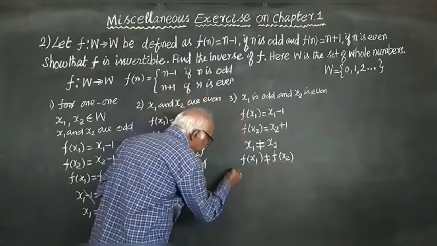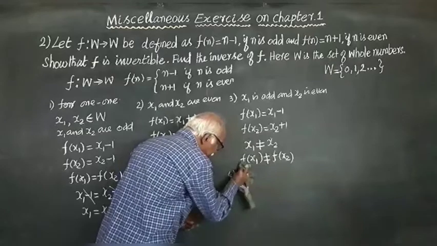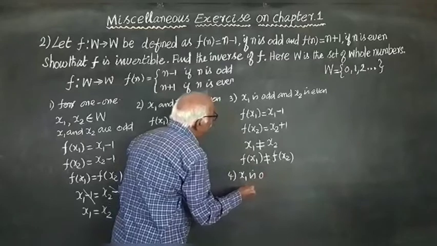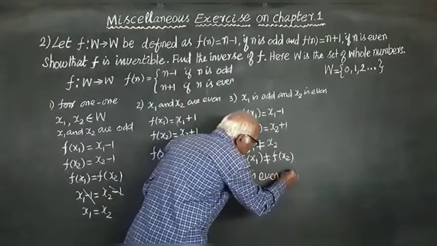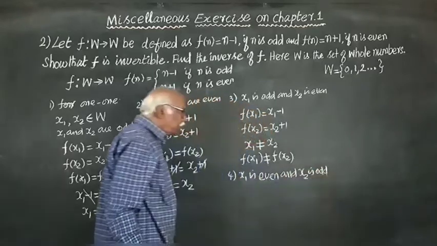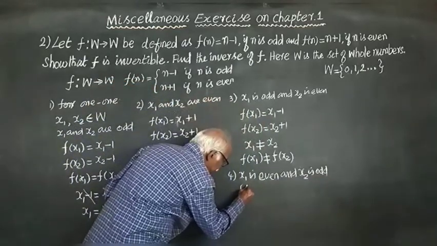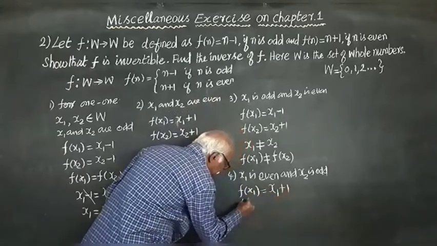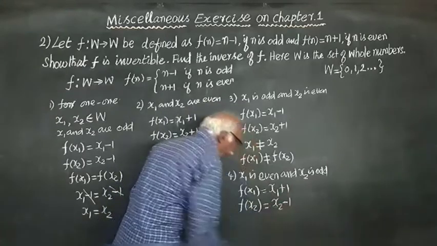Then case 4: x1 is even and x2 is odd. f of x1 equal to x1 plus 1. f of x2 equal to x2 minus 1.